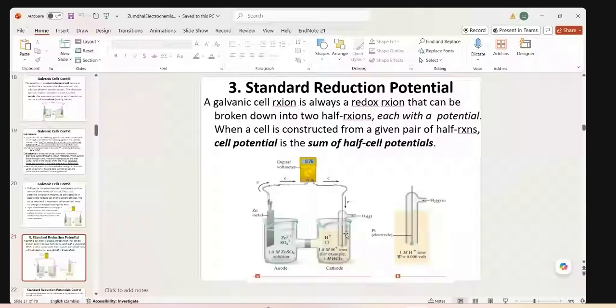Is that making sense? Yes, sir. So the cathode is positively charged, the anode is negatively charged.